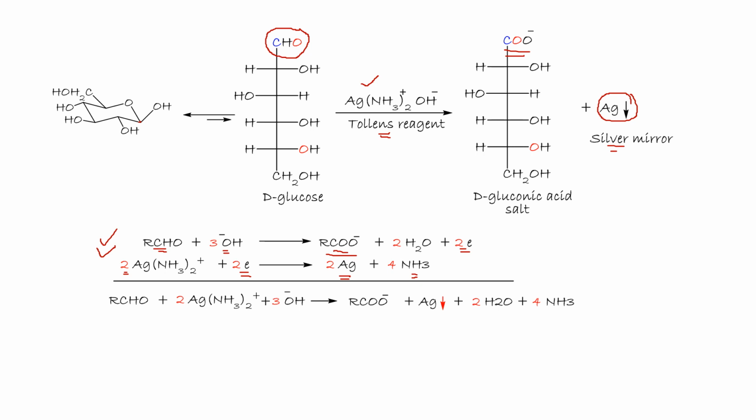The sum of the equation will be aldehyde with silver 1 complex with 3 equivalents base to give the carboxylate, silver metal as a mirror, water and ammonia.